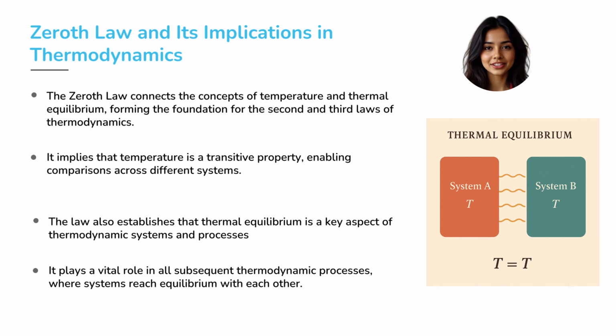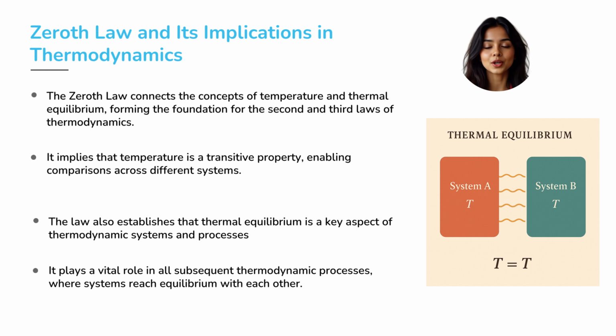Alright, here's where the Zeroth law gets super interesting. The law tells us that temperature is not just some random number, it's a property that allows us to compare different systems. So, when you're comparing the temperature of a cup of tea with that of a cold glass of water, the Zeroth law guarantees that if they both reach thermal equilibrium with a third object, we can be sure they're at the same temperature.